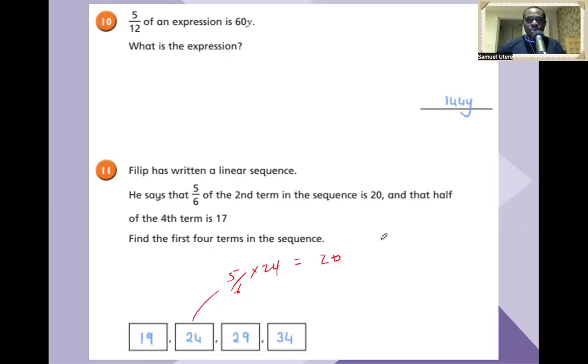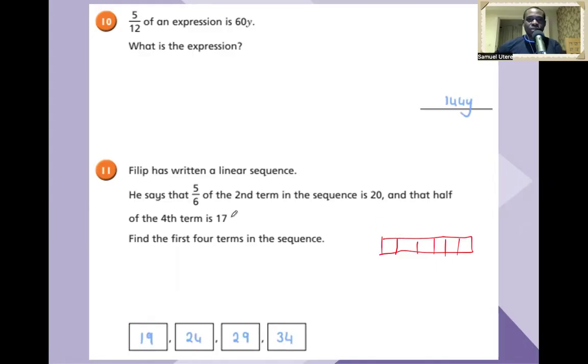One way to do it is to draw a bar model. 5/6, remember, the denominator tells us how many parts there are: 1, 2, 3, 4, 5, 6 parts.